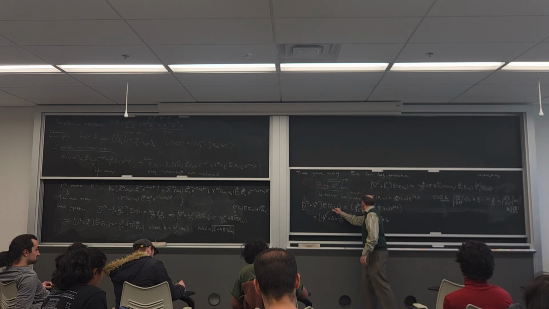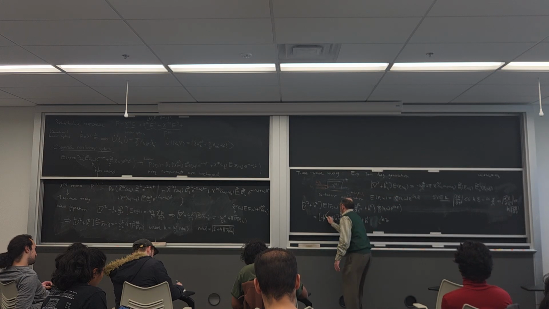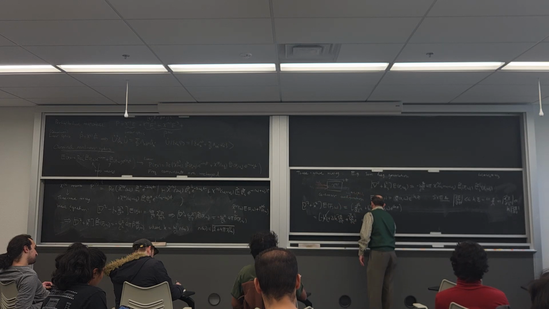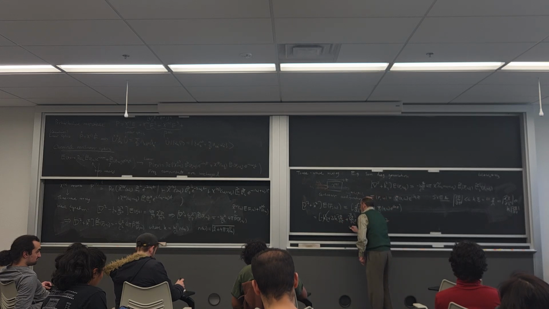So this cancels this. And then this is small compared to this under the slowly varying envelope approximation.